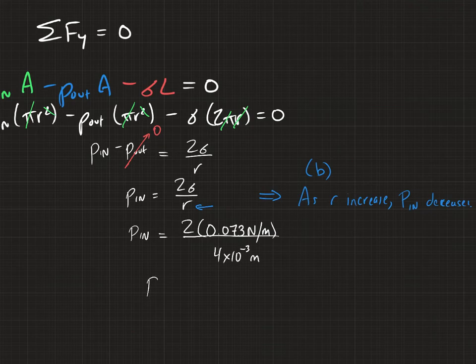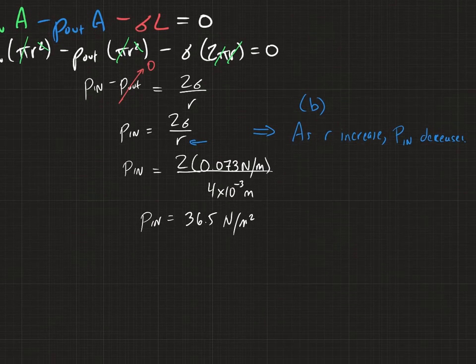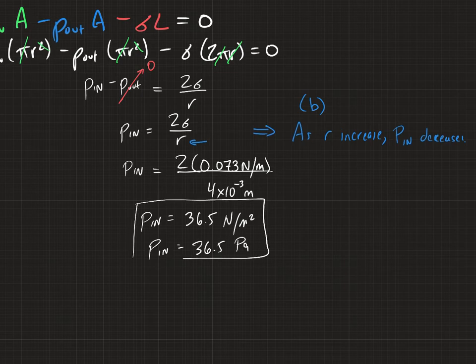If you do the math there, you're going to get 36.5 newtons per meter squared, or if you prefer, and I often do, 36.5 pascals. So those are your answers.